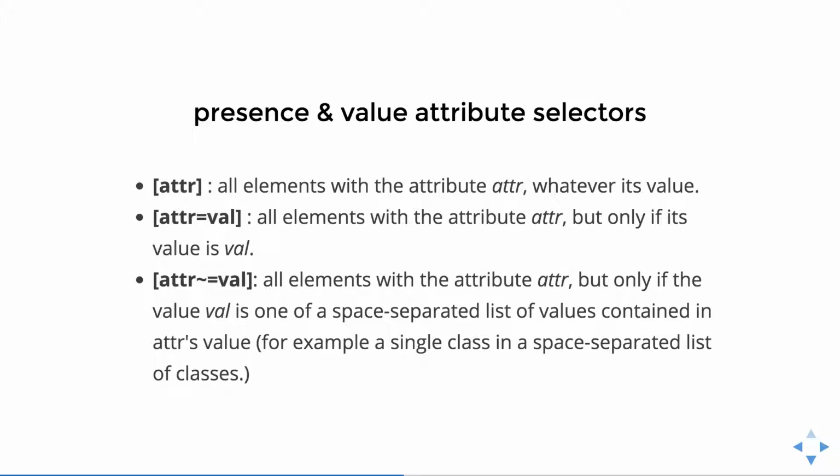So if it contains that value, it has a list of the values. So you can have multiple values for that one attribute, and then if it has that one value in any of them. Exactly. So a most common use case is even in your, like, if it was a class, you have a space separated list of classes. I mean, you could do this with a class selector too, but if you want to select things based on whether or not one of those things is this value, this is how you do it.